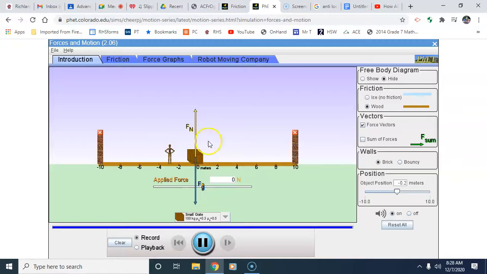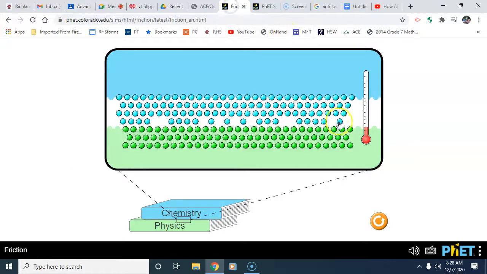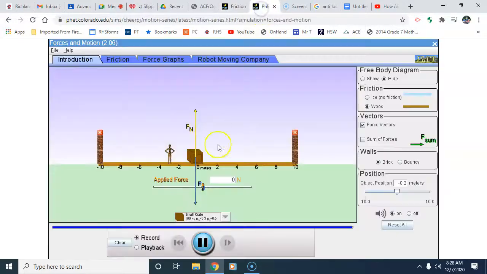If two surfaces are laying on top of each other, like the two books, but not trying to slide across each other, then these things aren't interlocking horizontally, and therefore there's no friction. So if the two surfaces are not sliding or trying to slide, there is no friction vector drawn on a free body diagram.